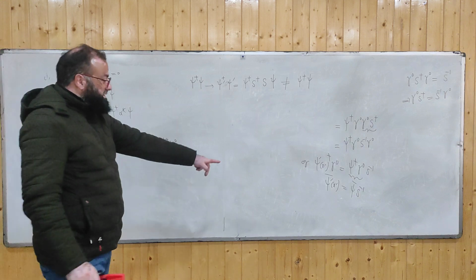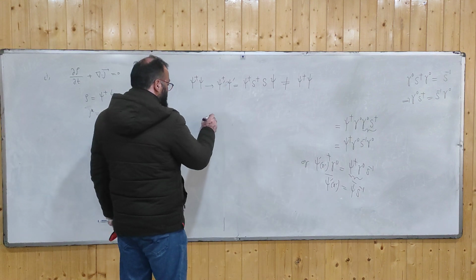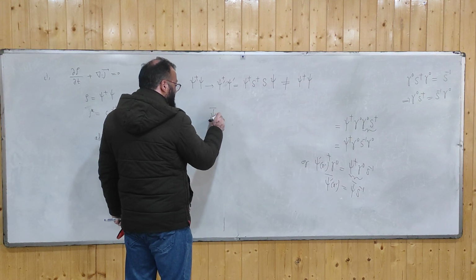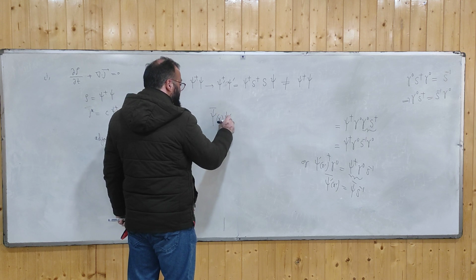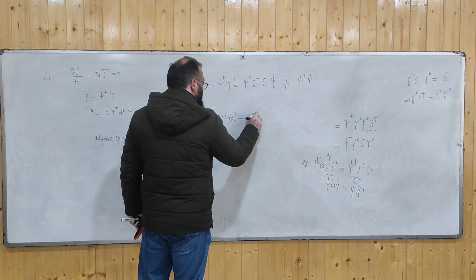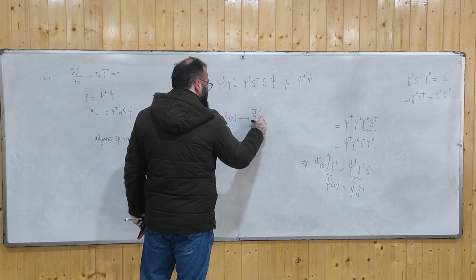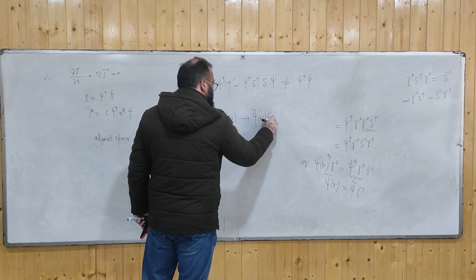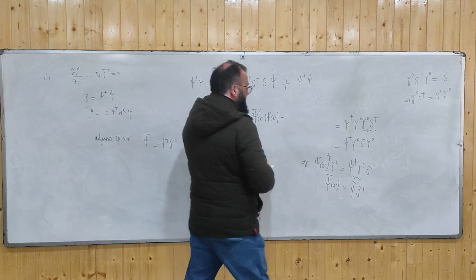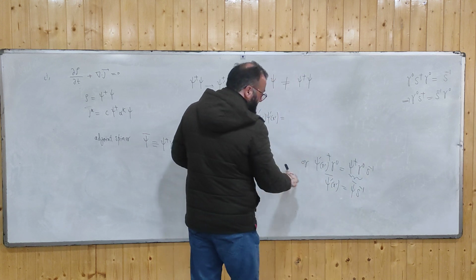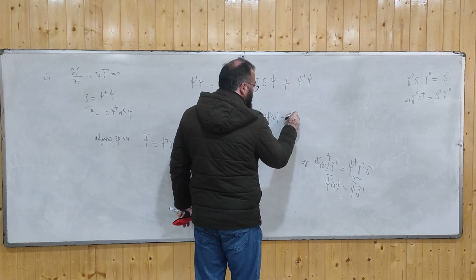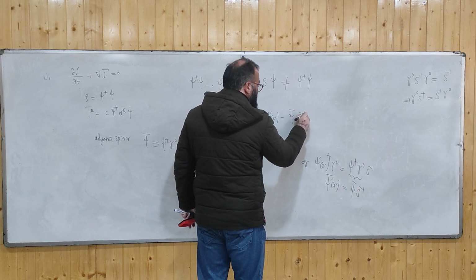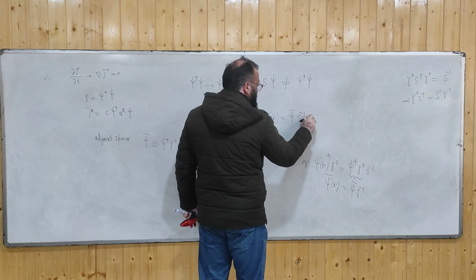Now let's check the properties of psi bar. If I have psi bar of x and psi of x, it will transform as psi bar prime x prime, psi prime x prime. How much is that equal to? What is psi bar? It is psi bar S inverse, and psi is S psi.